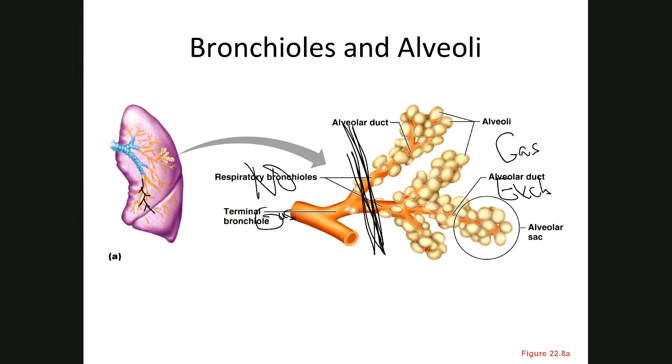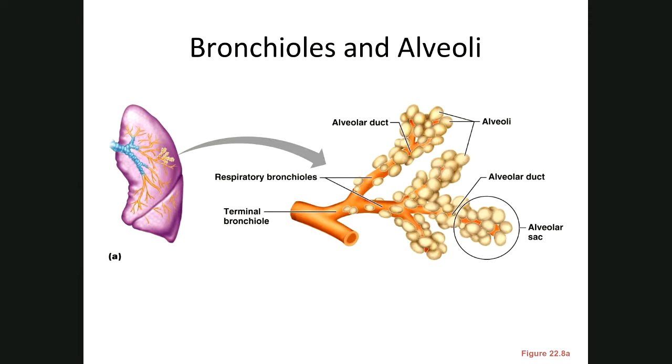The last bronchiole, where there's no gas exchange, is called the terminal bronchiole. So there's our terminal bronchiole. That's the very end of the conducting zone.